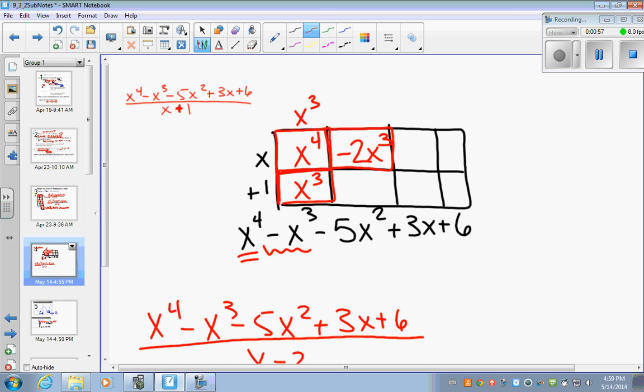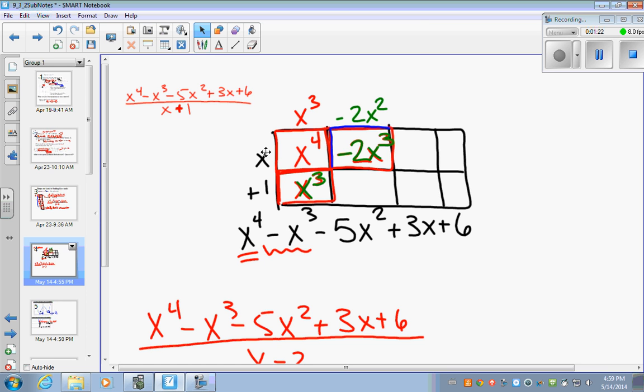get negative x cubed. But in order for me to get a negative 2x cubed in here, that I combined here, I'm going to have to take this side that's x and multiply it by negative 2x squared.